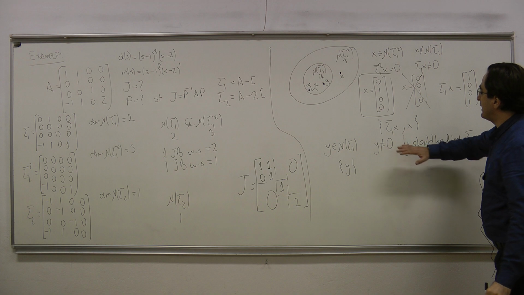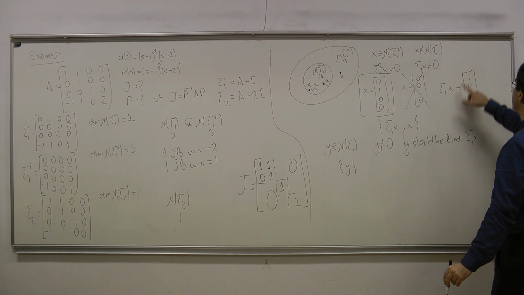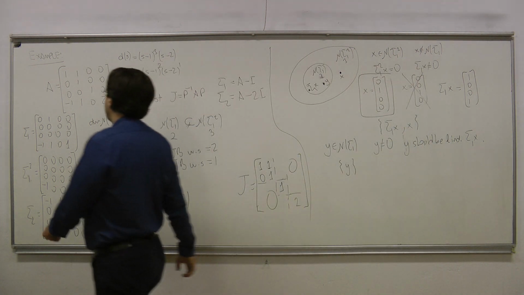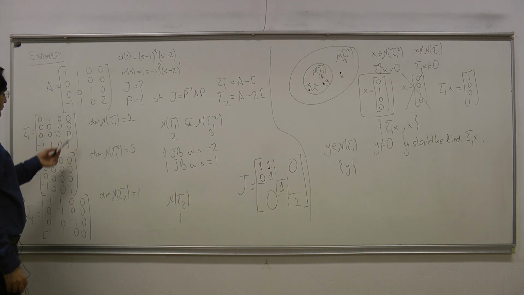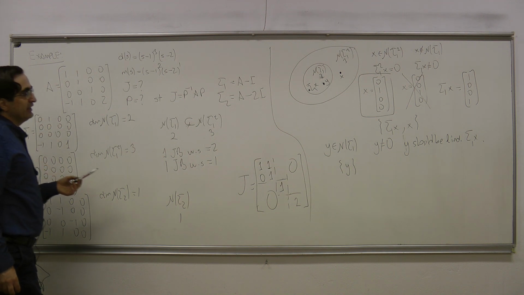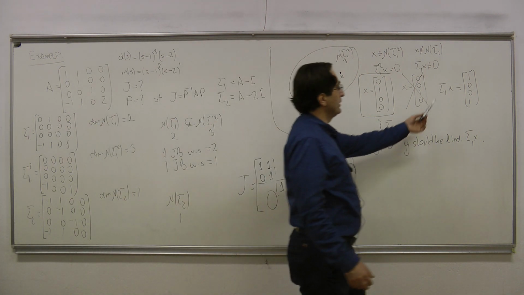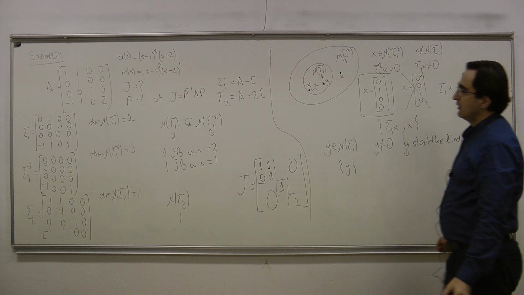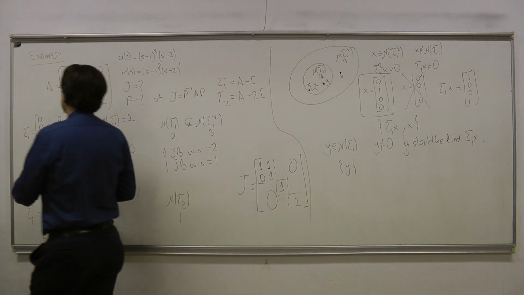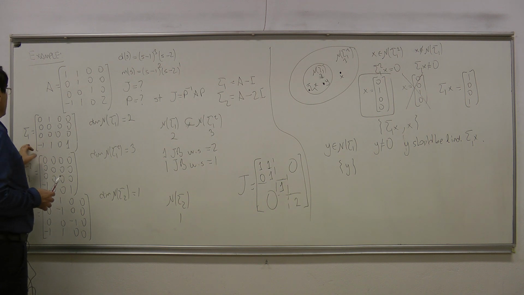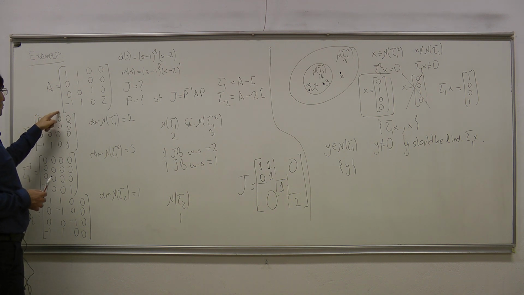So the y that I find should be linearly independent with this vector. So I'm looking for a y vector in the null space of this matrix, and that vector should be linearly independent with this vector. So I see already here that another vector in the null space of this matrix would be 0, 0, 1, 0, because the third column is 0.